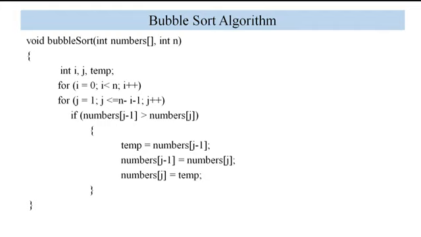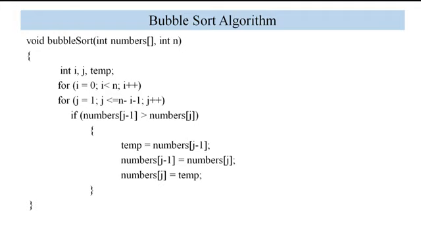So we can see that in the outer loop, i is equal to 0, i less than n, and i plus plus. So how many times will it execute in the worst case? It will execute n times: i is equal to 0, 1, 2, 3 up to n minus 1.